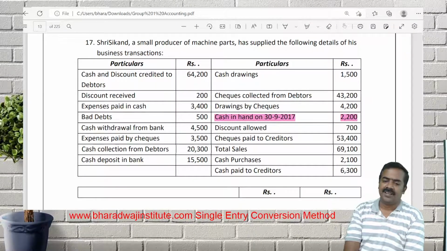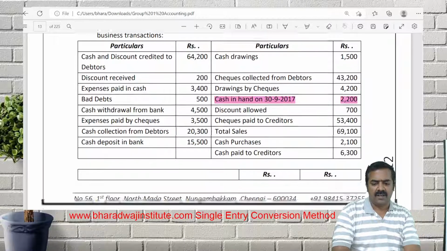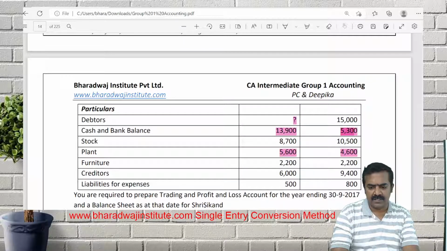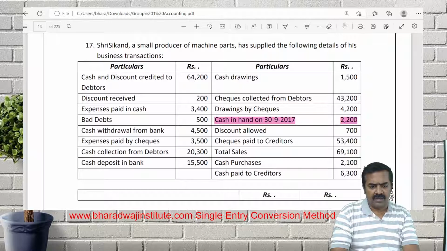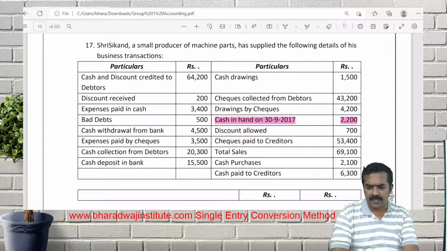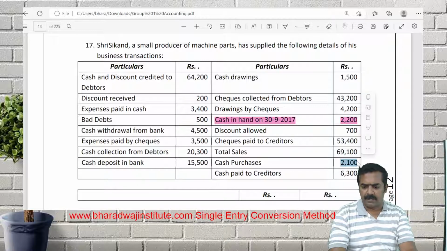What to do next? Can we prepare the creditors account? Yes. Are we given the opening balance? Yes. Opening balance of creditors is 6,000, closing balance 9,400. Cheques paid to creditors are given, 53,400. Cash purchases are separately given, and cash paid to creditors is also given.